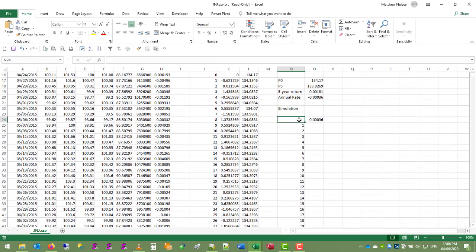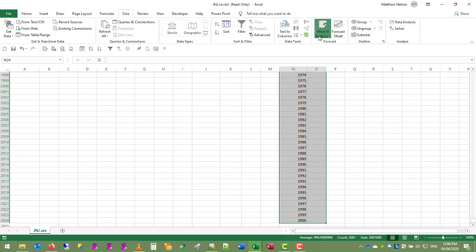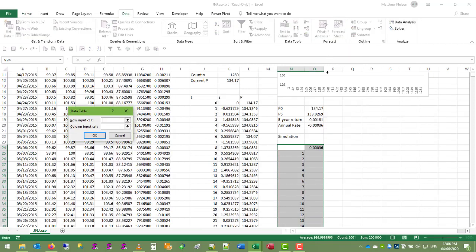Now, to get this to recalculate the random walk 2,000 times, we're going to use a data table, data menu, what if analysis, and then data table. And the column input is simply going to be a blank cell. This is going to trick the computer into iterating the simulation without any change in the inputs, because the only thing that's changing is the random number.